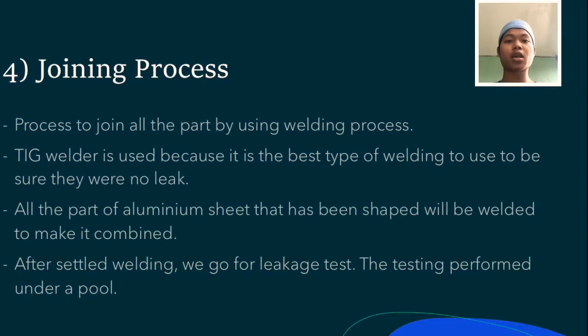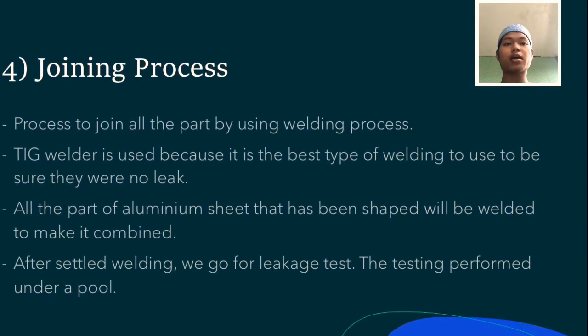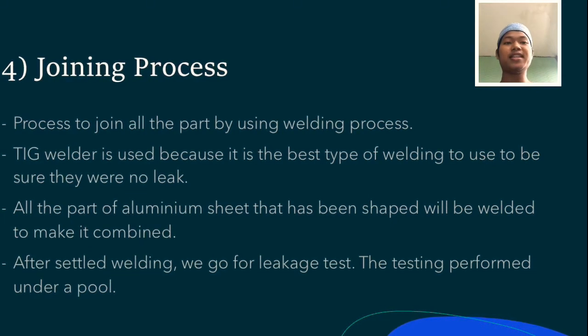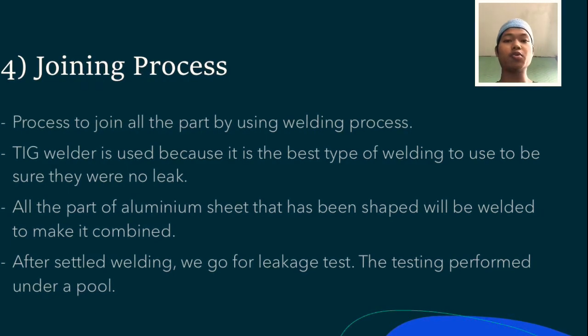The tool is a gas tungsten arc welder or GTAW, also known as tungsten inert gas welder or TIG welder.